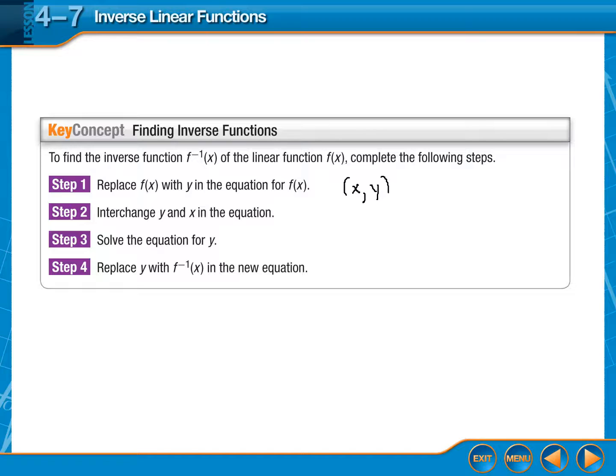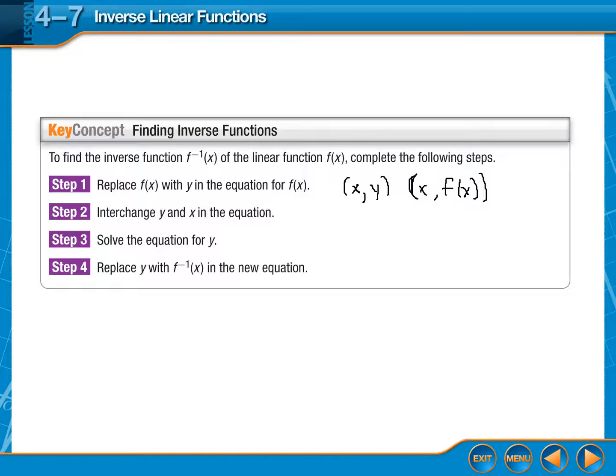But in function notation, we use x, and then instead of a second variable, we call the y variable the function of x. So f of x and y are literally the same thing, so we can switch them out.